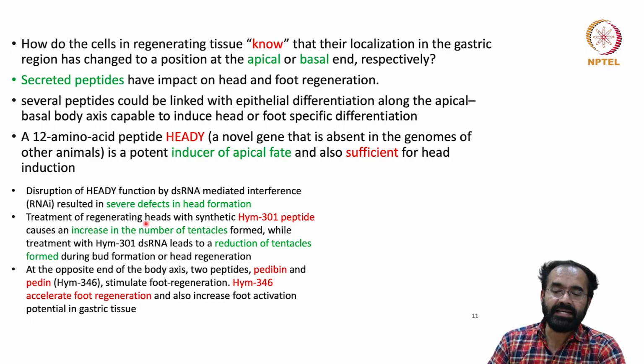Treatment of regenerating heads with synthetic HYM301 peptide causes an increase in the number of tentacles formed. While the treatment with HYM301 double-stranded RNA, that means you are knocking down HYM301, leads to a reduction in the number of tentacles formed during bud formation or head regeneration.